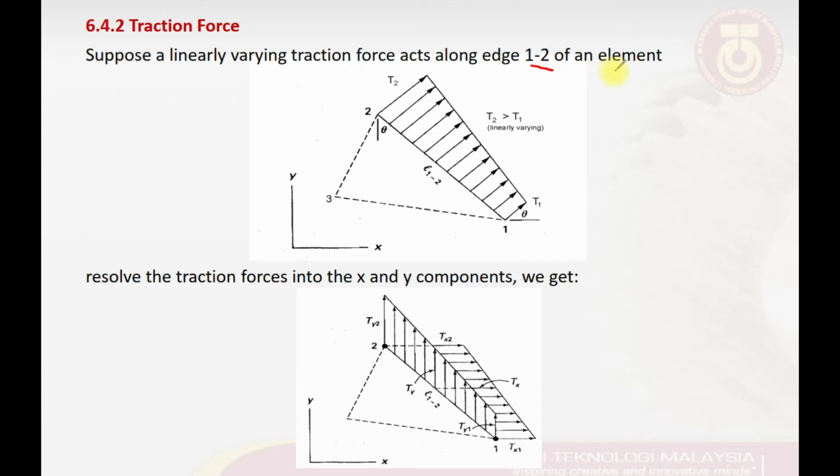For the traction force, suppose a linearly varying traction force acts along the edge between nodes 1 and 2 of our CST element. Assuming that we have a traction force spanning from point number 1 to point number 2, in this case, as we can see here, the traction force is bigger, given by T2 at node number 2, and slightly lower at node number 1, given by T1.